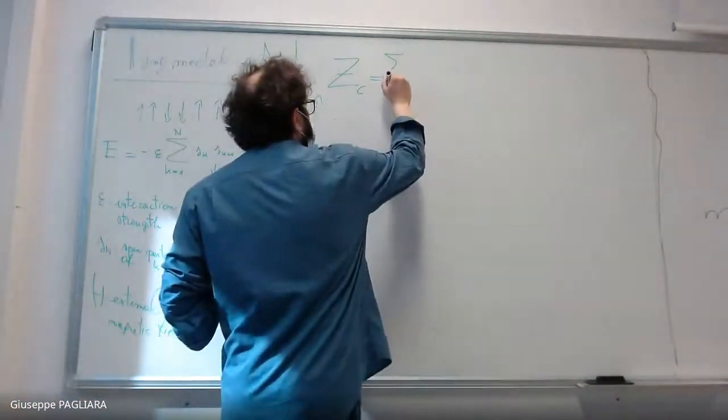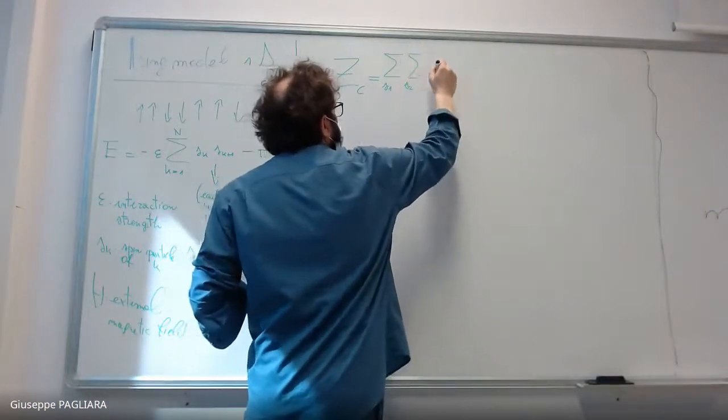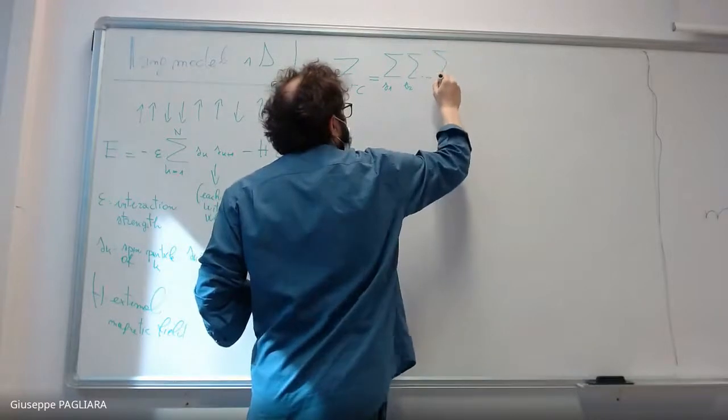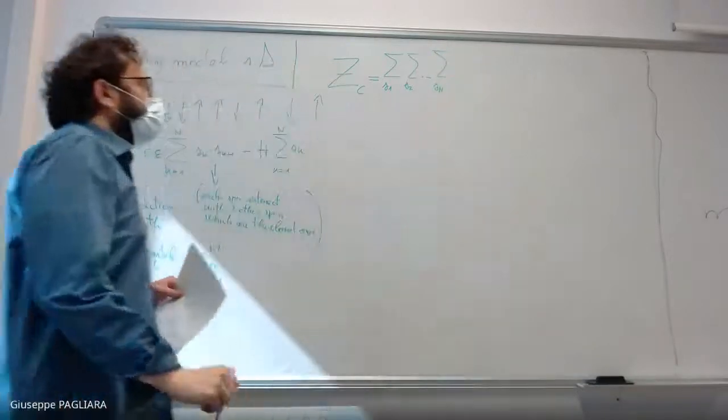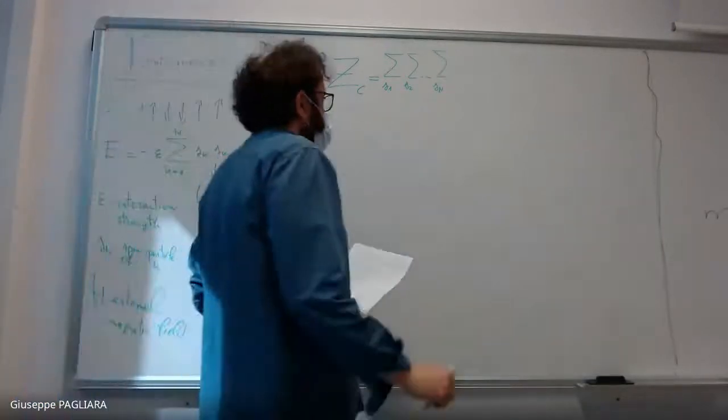So here you have the sum over S_1, sum over S_2, etc., sum over S_n, which are the degrees of freedom of this Hamiltonian.